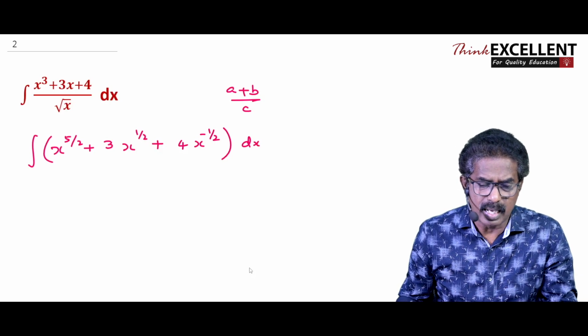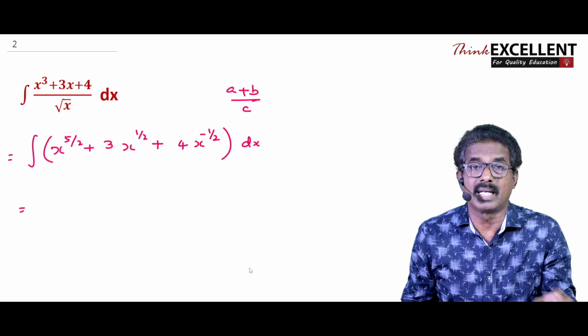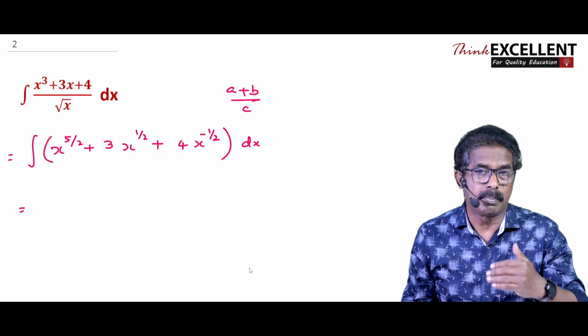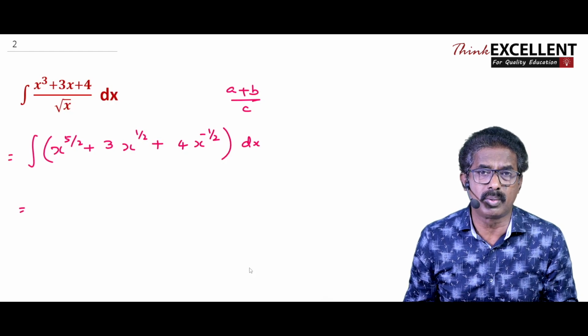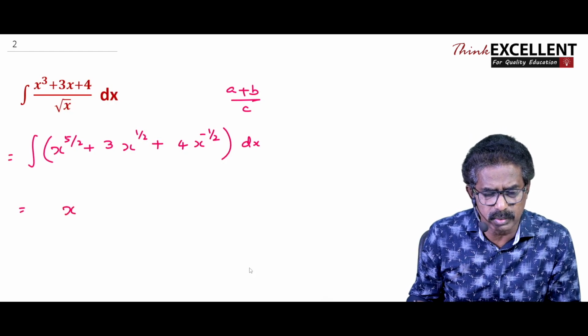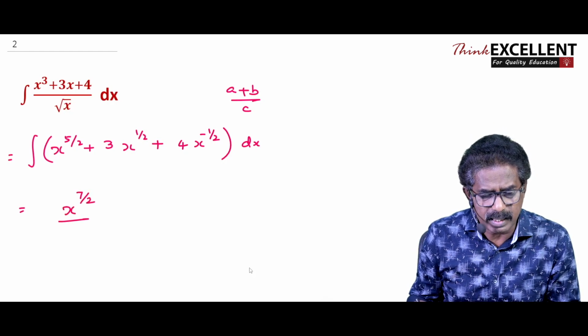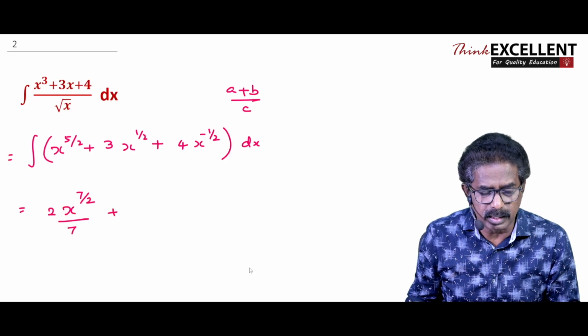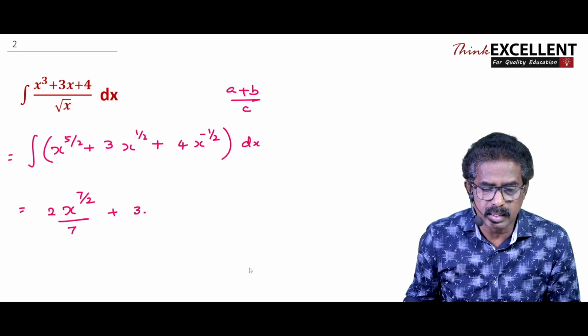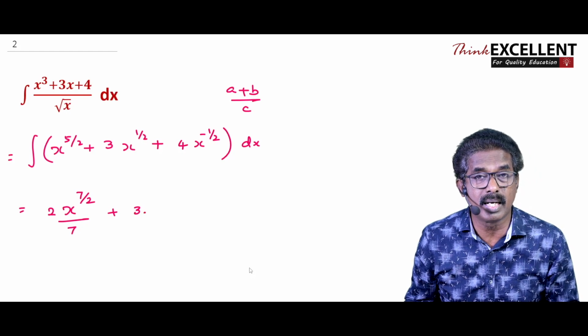Okay. Now we can integrate, very simple integration, x raised to n plus 1 by n plus 1, right? So 5 by 2 plus 1 is 7 by 2. So x raised to 7 by 2 by 7 by 2, that 2 will go up, correct? Plus 3 into x raised to half, add 1, 3 by 2.